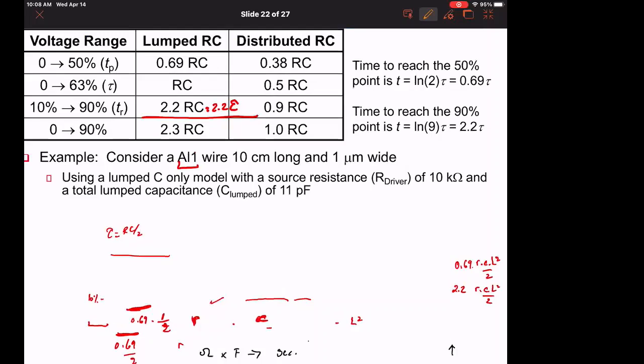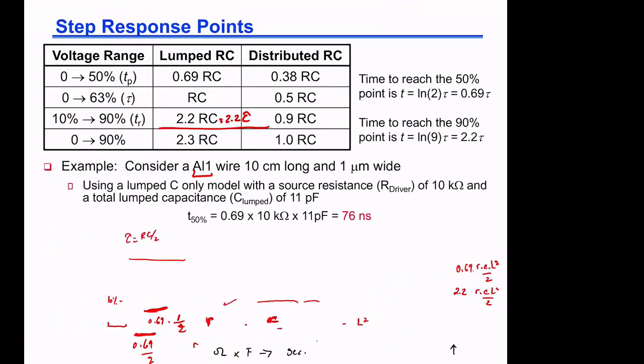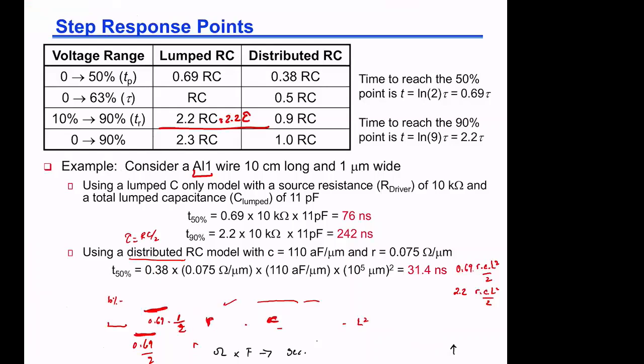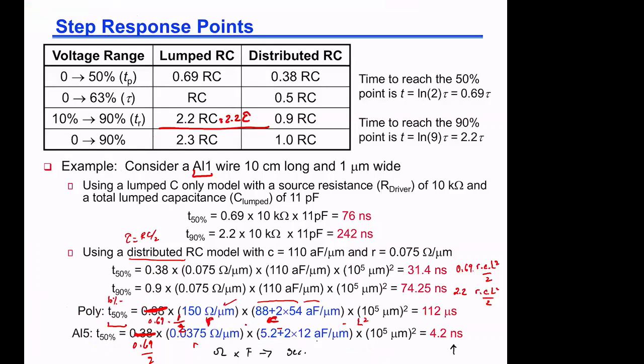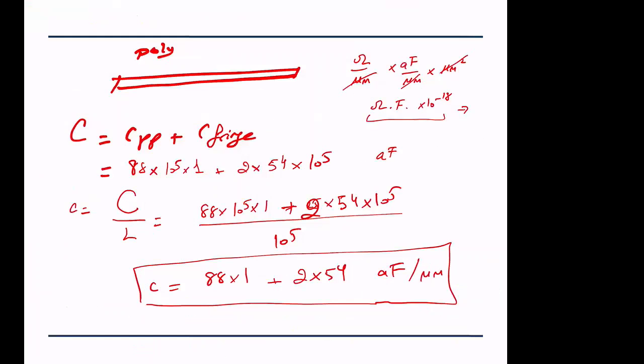These examples were related to poly material or to an aluminum wire, and we looked at how to calculate from the table the effective capacitance per unit length. We calculate the big C for the whole length L from C_PP and C fringe. The fringe term is multiplied by 2 because the fringing happens from both sides. And then I find my little c as big C over L.